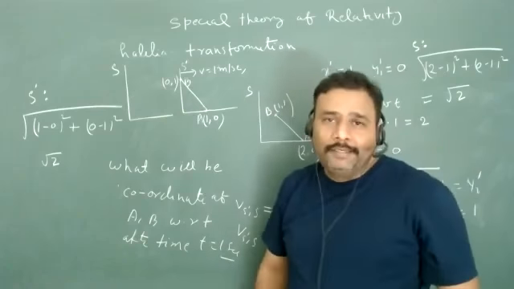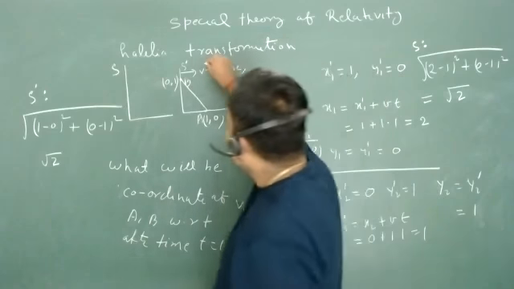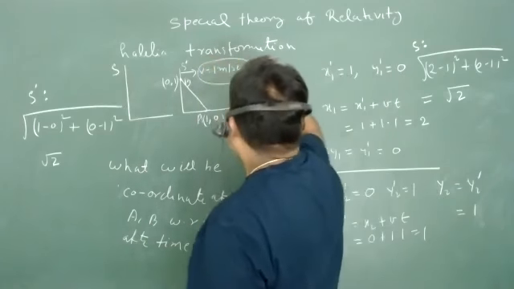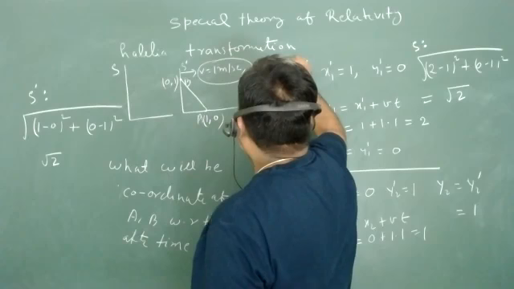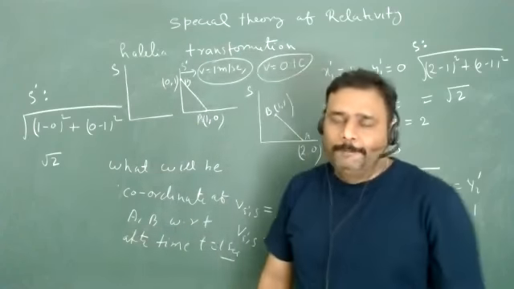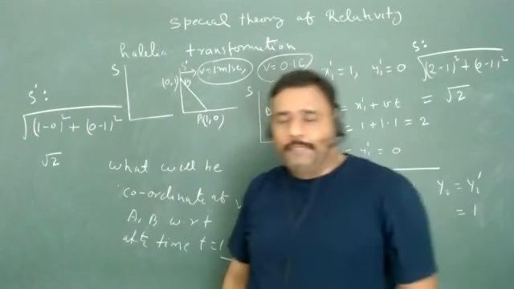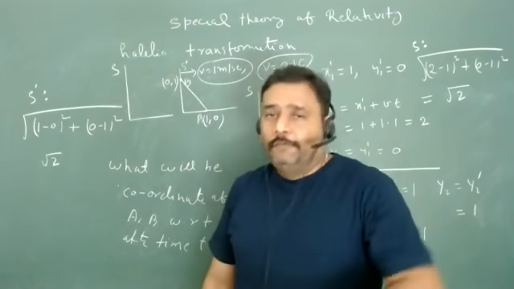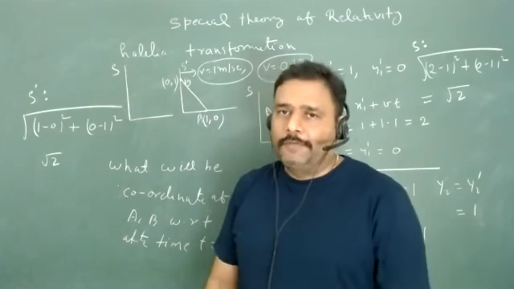But what will happen when I change this speed to V equal to 0.1 c, where c is the speed of light? We will see when we go for Lorentz transformation.